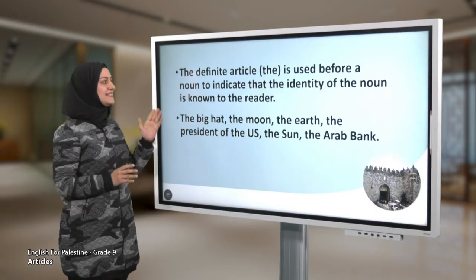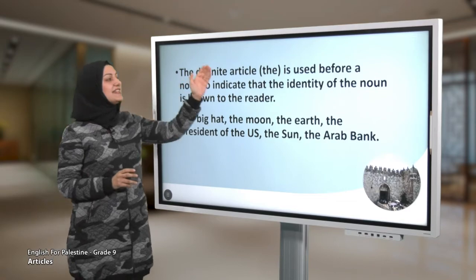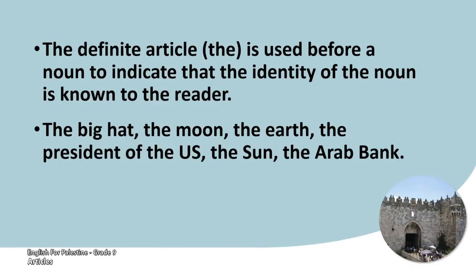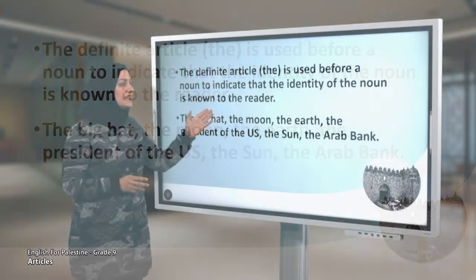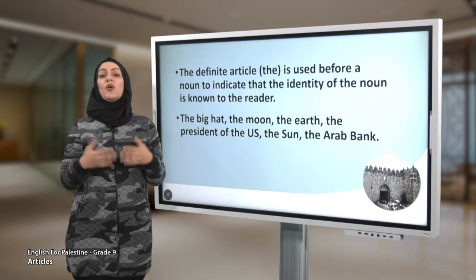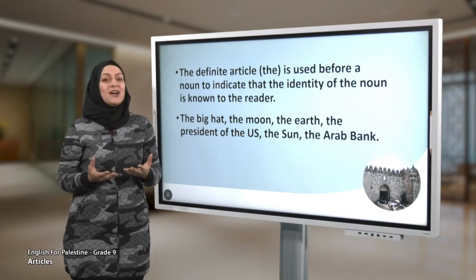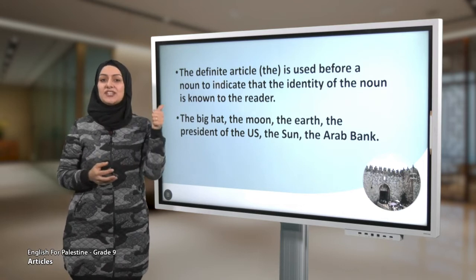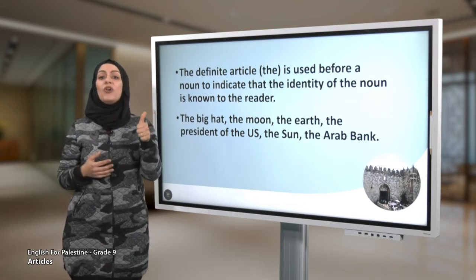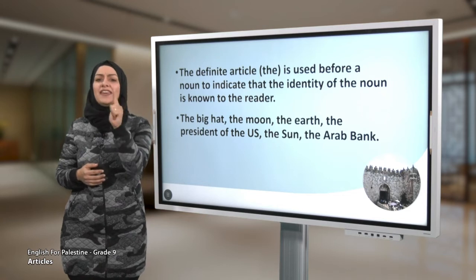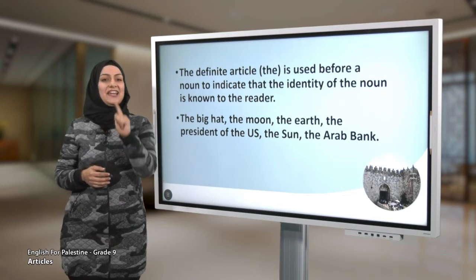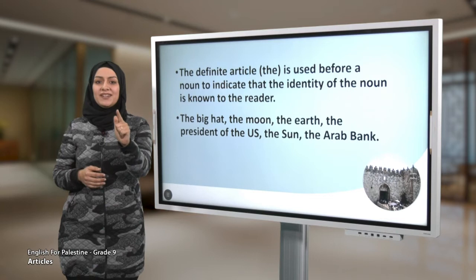So, as you can see, the definite article the is used before a noun to indicate that the identity of that noun is known to the reader. This means that you already know the noun that you are talking about. You know that noun either because you mentioned it before or because it's the only thing in the world, like the earth, the moon.